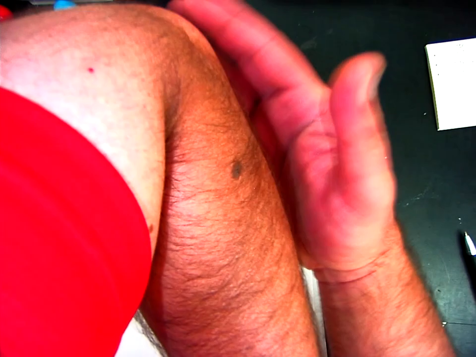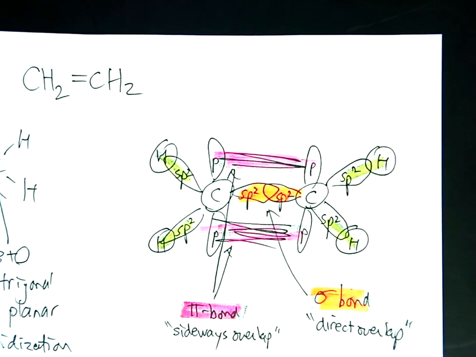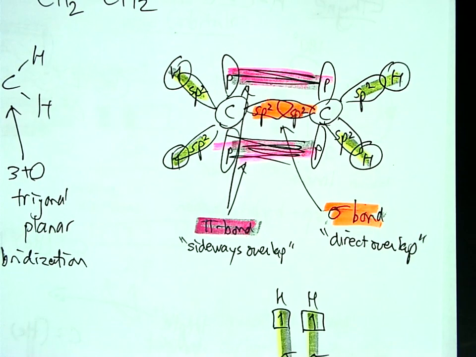Okay, so here's my elbow, here's my hand, and I'm holding here on the top and also in the bottom, if you can see that as well. So it's not nearly as strong, okay, as the direct overlap, but there is some kind of attachment between those two. So sideways overlap versus direct overlap.